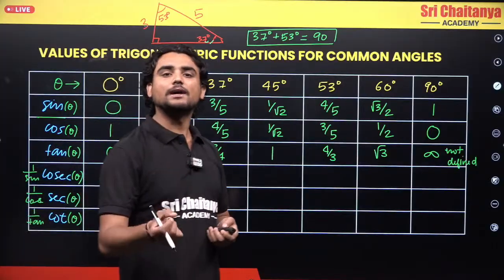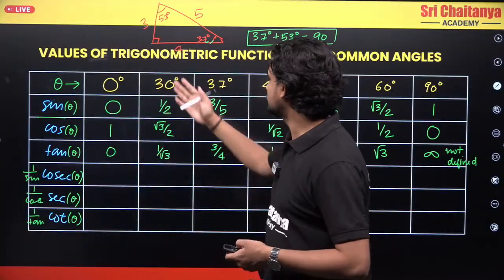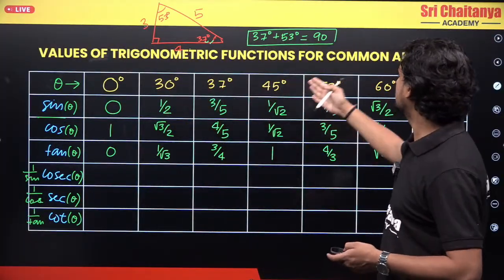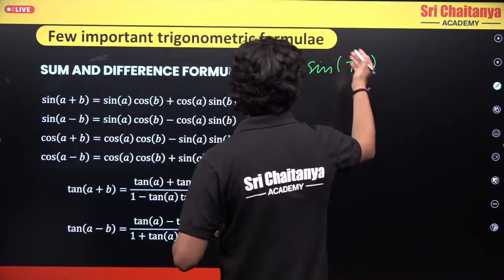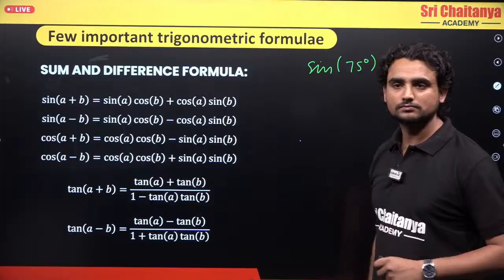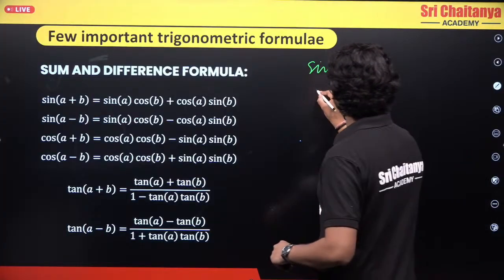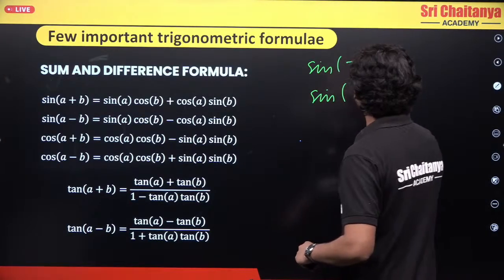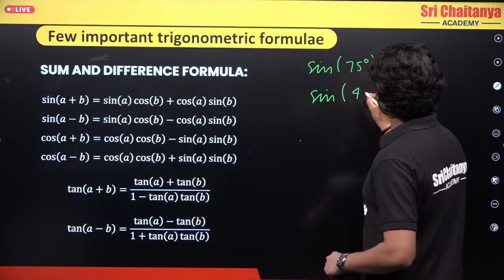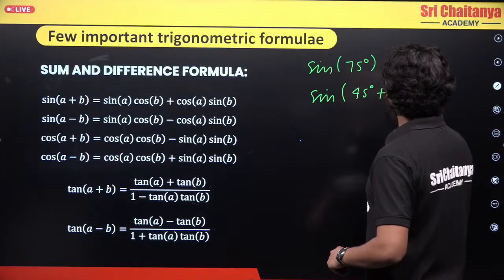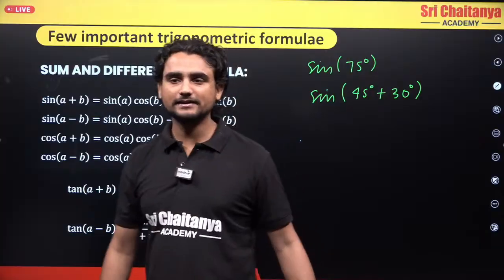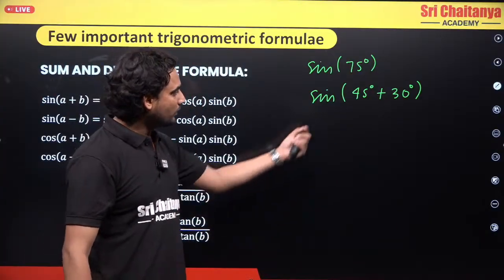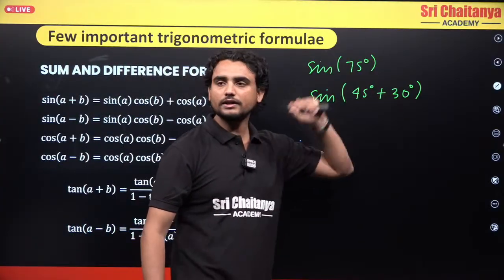So I will use sum. What do I know? 0, 30, 37, 45, 53, 60, 90. So let's make this 75. Can I make this 75 from all the angles which I know? Yes, I can write this as sine of 45 plus 30 degrees. So now I know sine 45, I know 30.